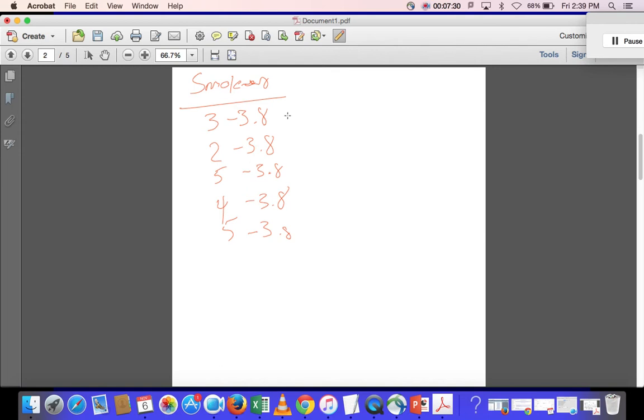My deviations are going to equal, in this particular case, negative 0.8, negative 1.8, positive 1.2, positive 0.2, and last positive 1.2. Okay, so this is for my smoking group.